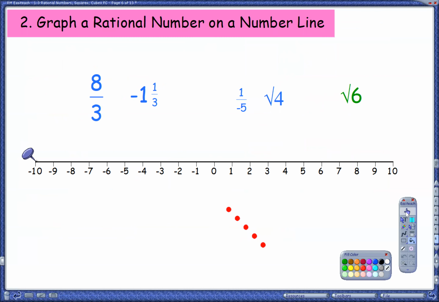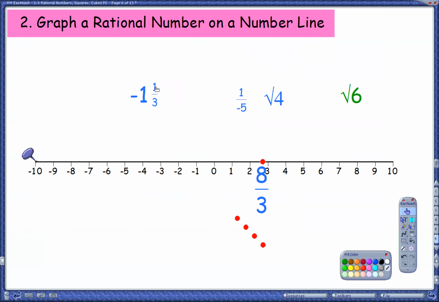You should know how to do this. This is fairly simple. If you are asked to graph a number on a number line, try to be as specific as possible. So 8 over 3 is 2 and 2/3. So you're going to move it to 2 and 2/3 and mark it as 8 over 3.